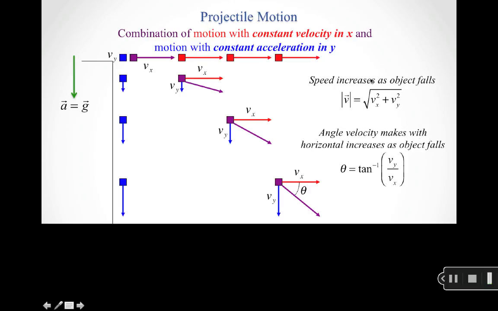So, again, we know how to calculate the magnitude and direction of the velocity vector. These are just patterns that we see: the speed is going to increase and the angle that the velocity makes with the horizontal is going to increase as our object falls back towards the Earth. Okay?